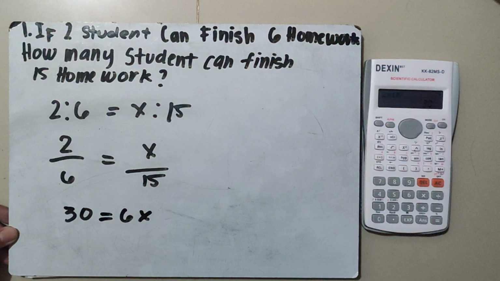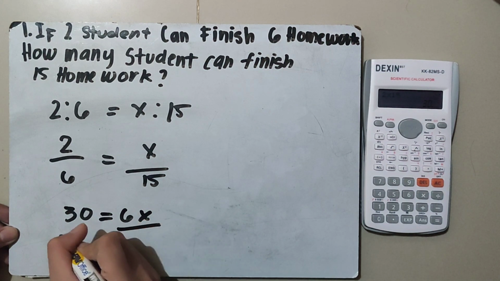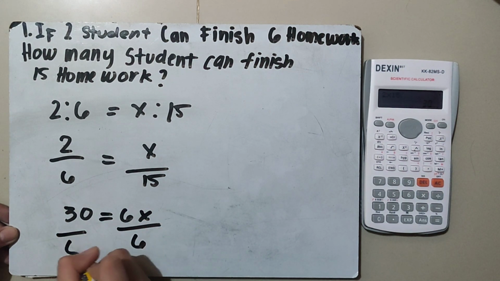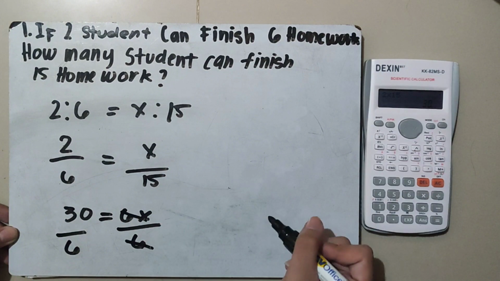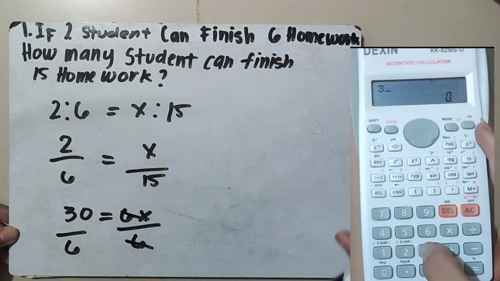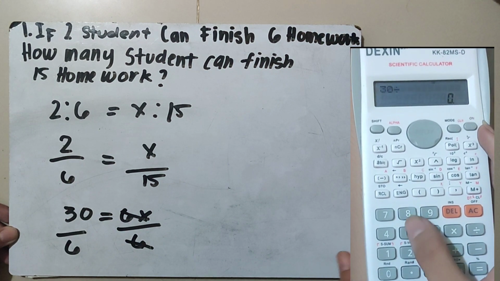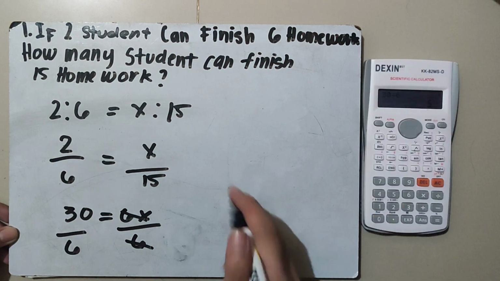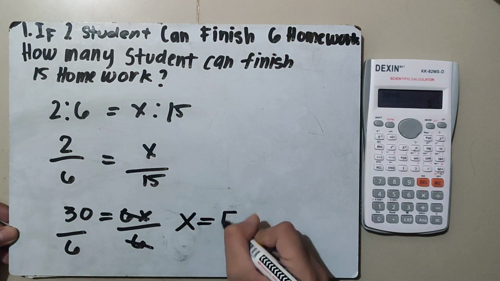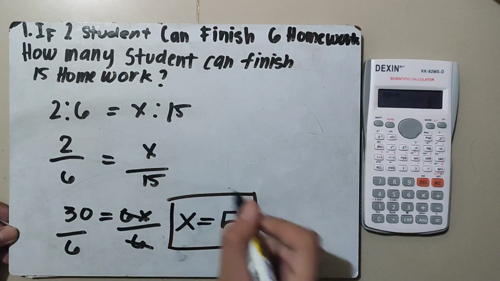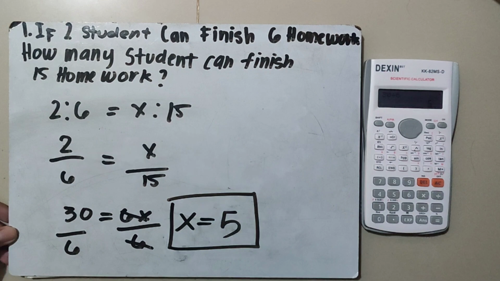Para maiwan na mag-isa si x, yung katabi niya, which is 6, kailangan natin i-divide sa both sides para ma-cancel out yung katabi ni x. Ngayon, meron na lang tayong 30 over 6. Then, let's divide that. Now, we have 5. So, 5 students ang makakatapos ng 15 homework natin.